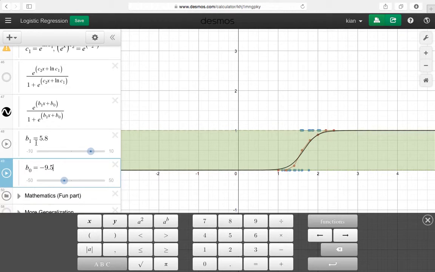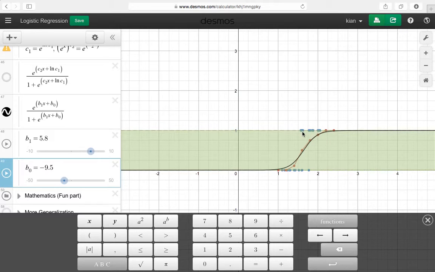So armed with these 2 degrees of freedom, because we generalized our equation, we found out by playing with these 2 numbers, beta 1 and beta 0, we can fit any S-shaped curve between 0 and 1 that we want. And that's what we did. So this is actually very, very close to the outcome of a logistic regression performed on these numbers.